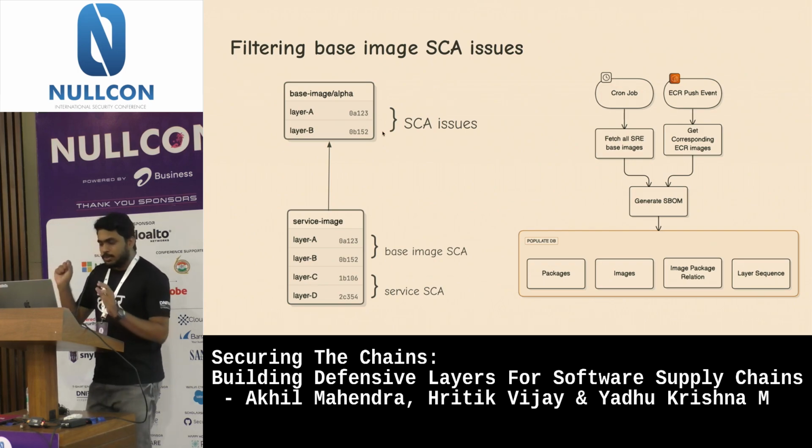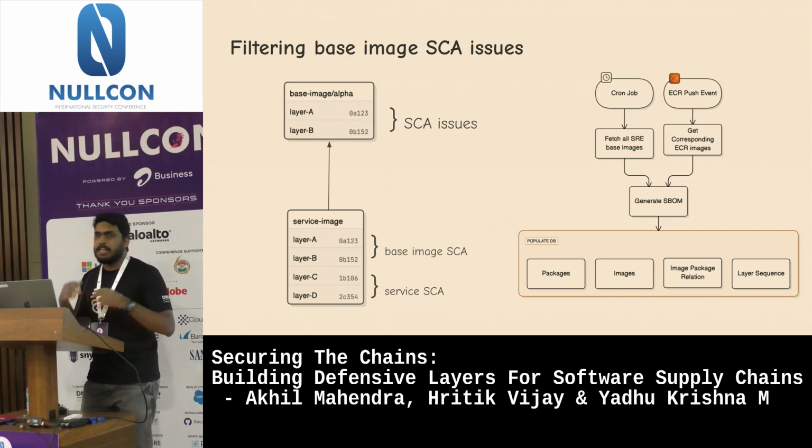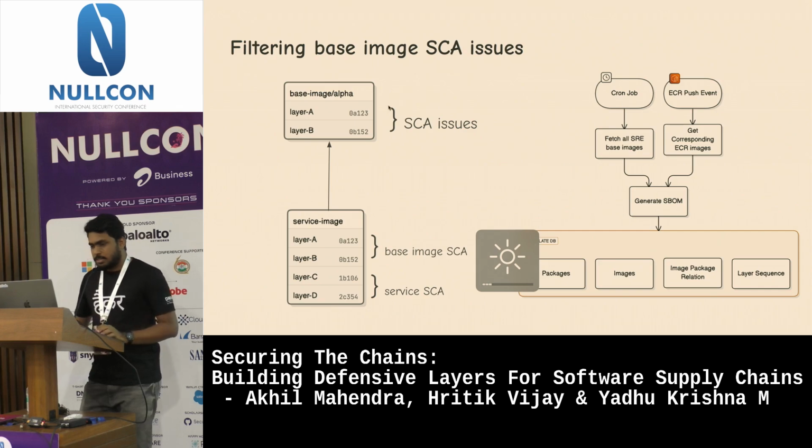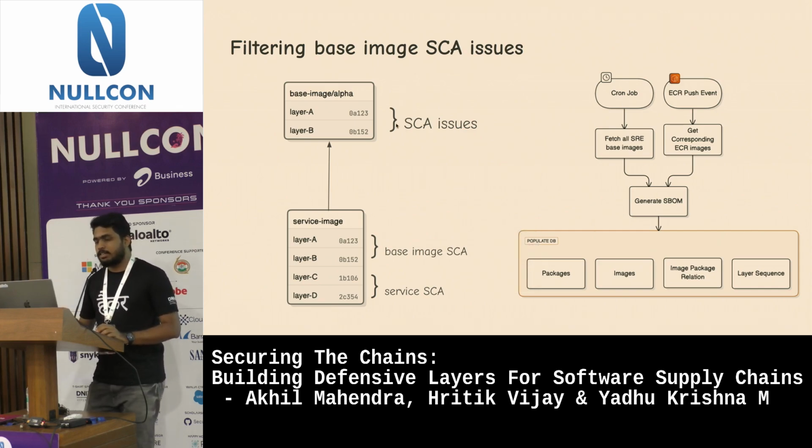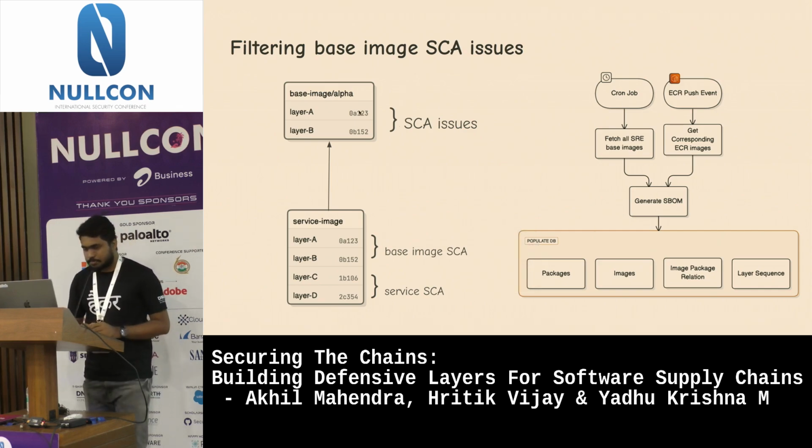So the SCA issues, we can actually detect the base image from the service image using the layer hashes. So we implemented something based on the layer hashes. So the SCA issues from the base image can be segregated using this layer hashing.